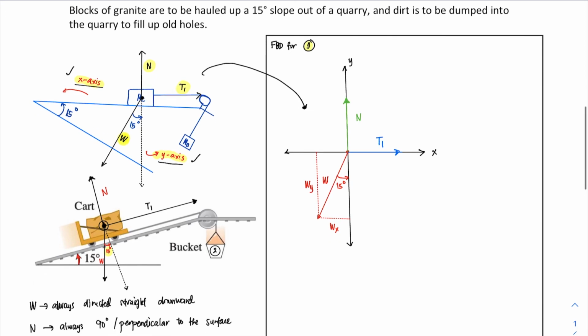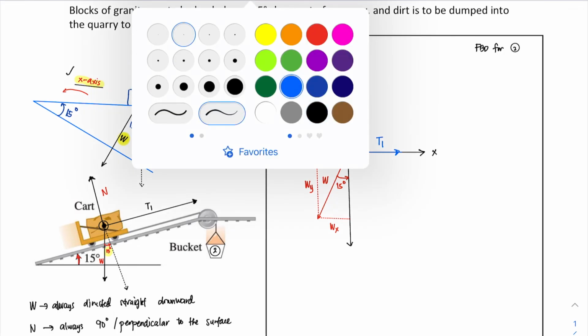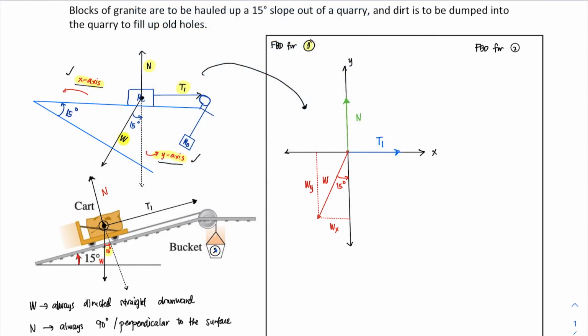Now, let's proceed to FBD 2. The circle is very small for mass 2, so this will be very easy. Firstly, it has mass, right? So what force is always straight down from that body? We're talking about the bucket.